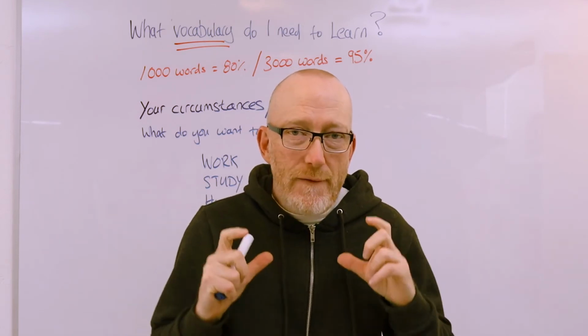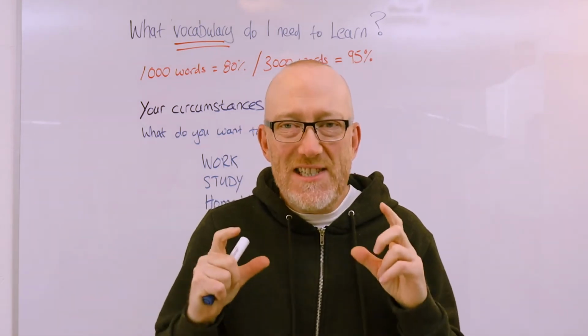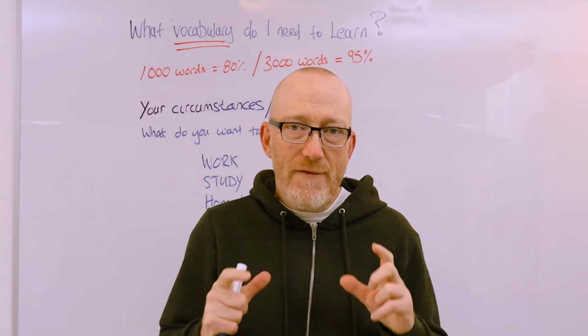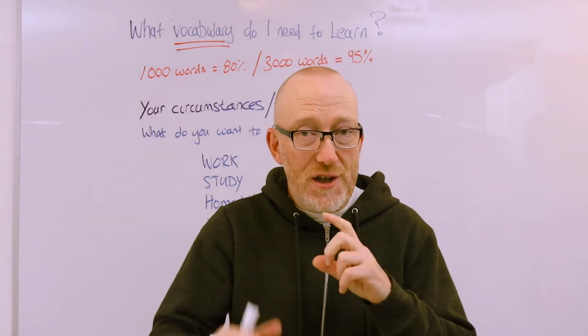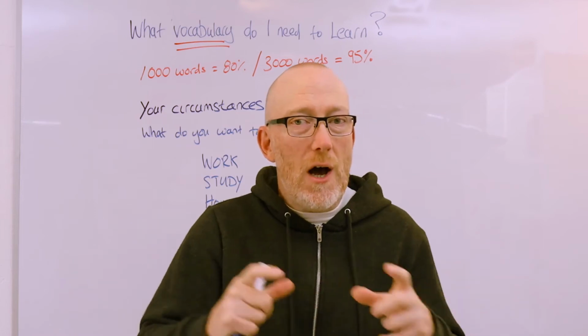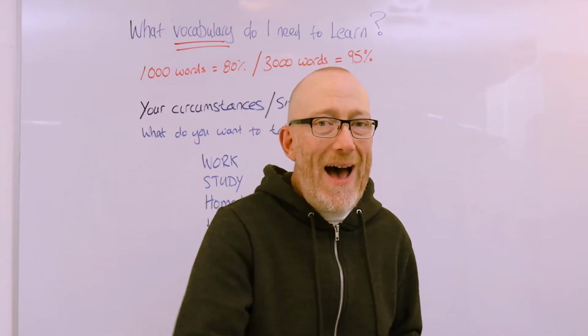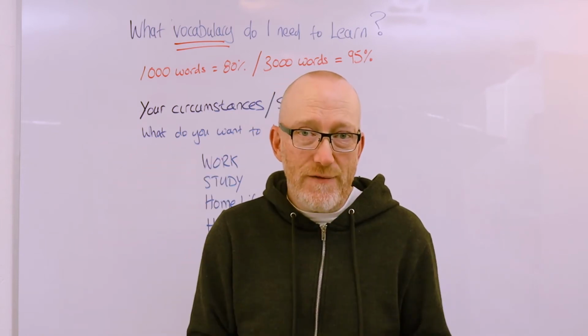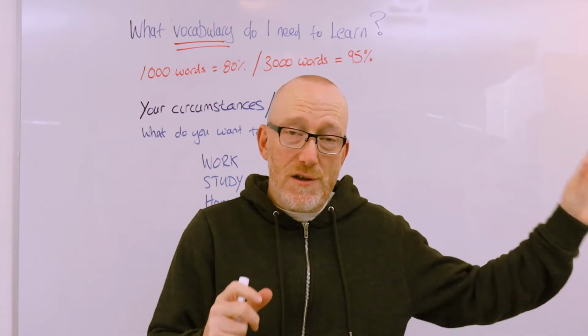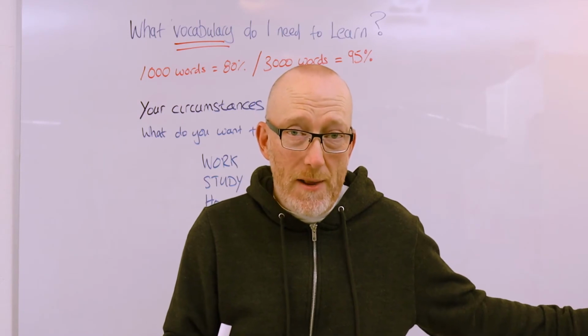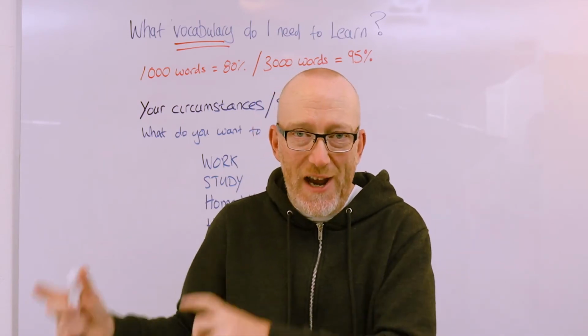So your active vocabulary is not static. Your active vocabulary should be constantly changing. As your life changes and you wish to talk about different things, you add new words to your active vocabulary and you lose some words from your active vocabulary. So it's constantly changing.